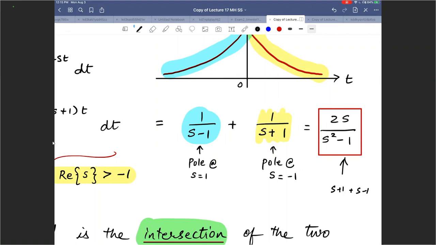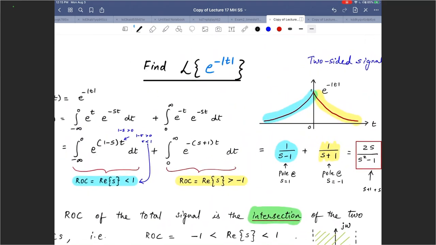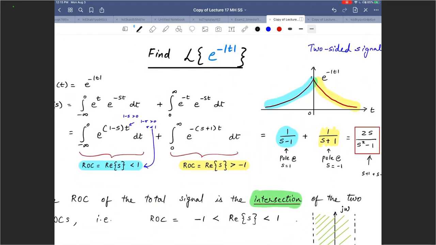Sander, I mean the 1 over s minus 1 should be 1 over 1 minus s. You mean this piece?